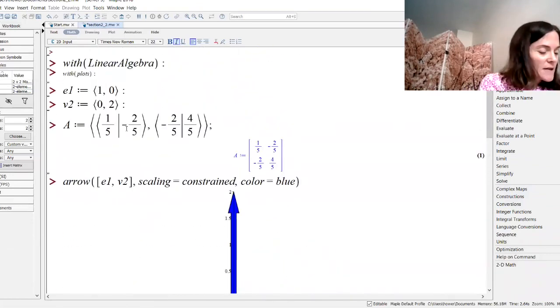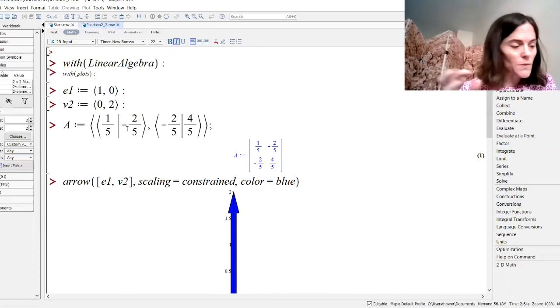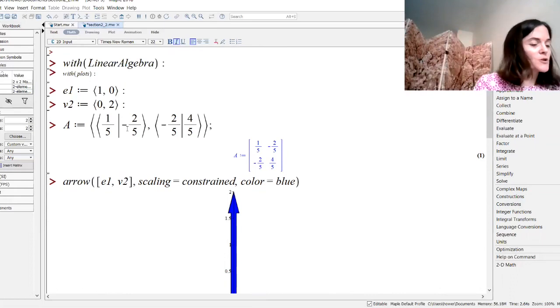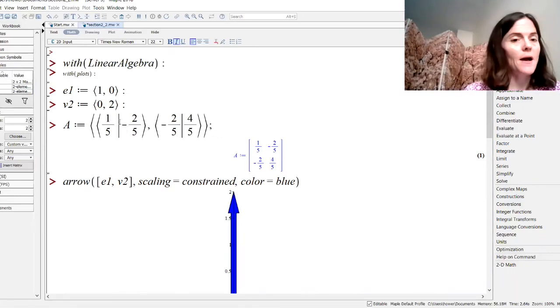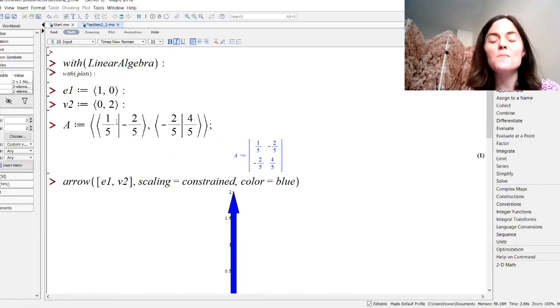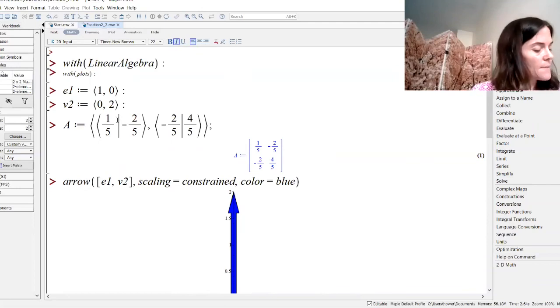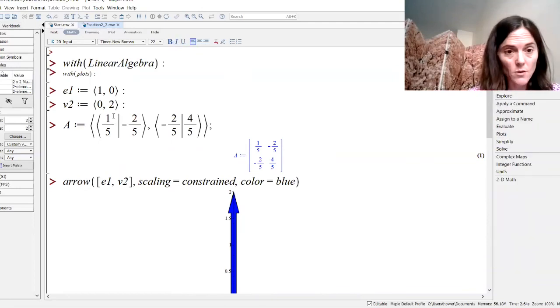Okay, well then what did we look at next? We had the exact same vector, minus 1, 2, and we found the matrix that should reflect about the line that is all multiples of that vector. And the matrix, let me type it in.